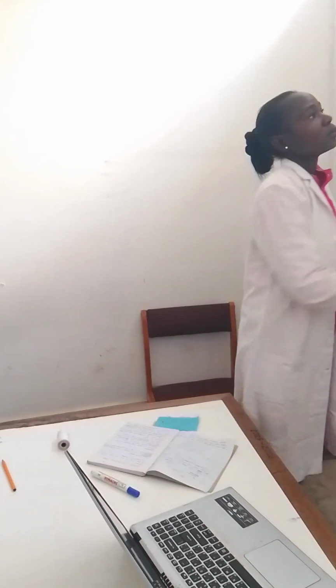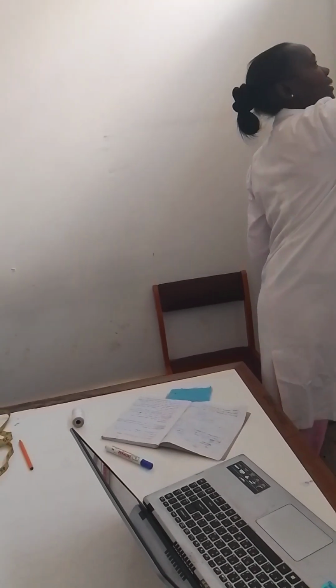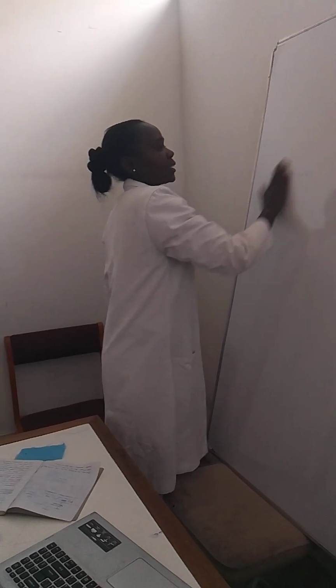Now I want to give you the assignment, and before I give you an assignment, I want us to remind ourselves what we have learned. So, what have we learned today? Definition of stitches.